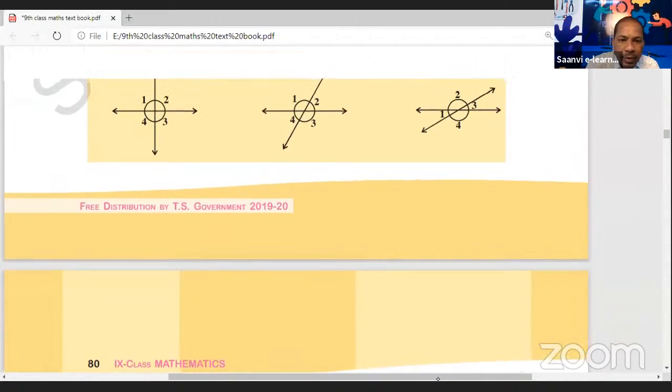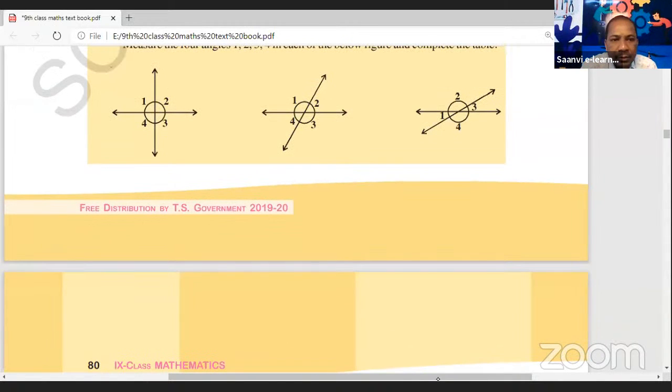So one more thing we have to remember, that vertically opposite angles are equal to each other. See, if we observe the figure here, angle 1 opposite angle 3 is there. So angle 1 and angle 3 are vertically opposite angles. So if two angles are vertically opposite angles, they are equal to each other.